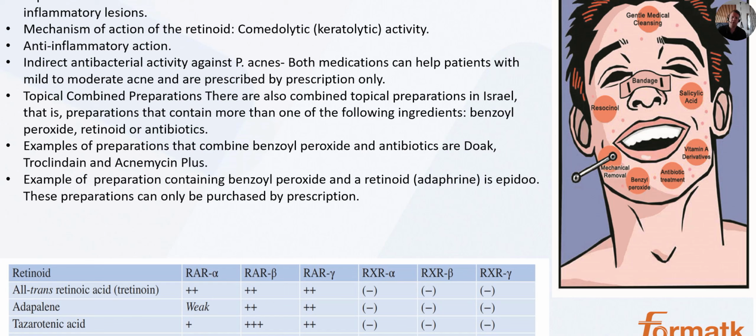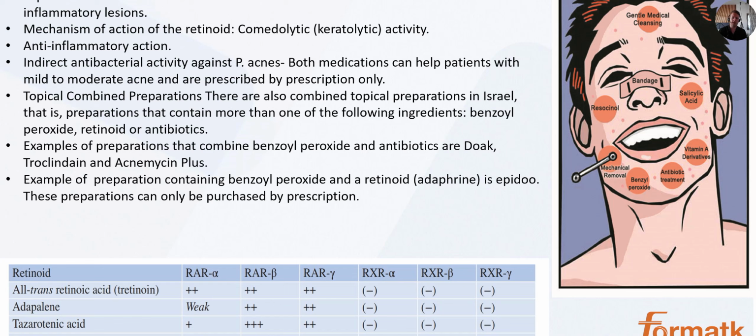What about topical retinoids, vitamin A derivatives, which are also suitable to treat inflamed lesions, but only with a prescription from doctors? The mechanism is comedolytic, so it has keratolytic activity and anti-inflammatory action, and indirectly it's antibacterial against P. acnes, and you can use it in combinations.